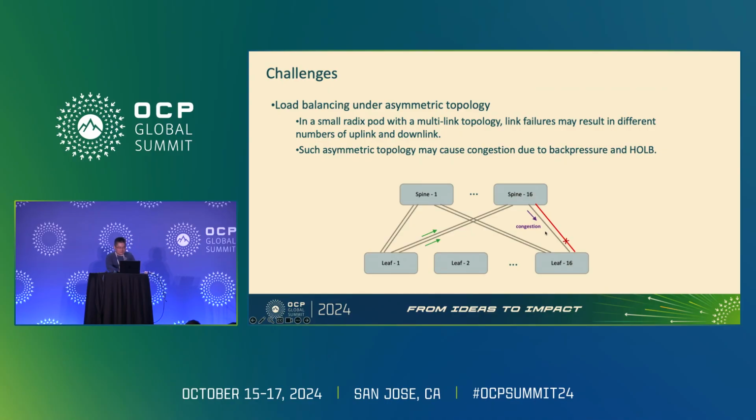So the idea is to eliminate the bottleneck. Our method is to have the leaf switch proactively remove one of the next hop group members along the path, so that the bandwidth on the uplink will match the bandwidth on the downlink.